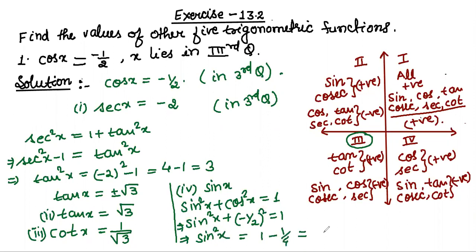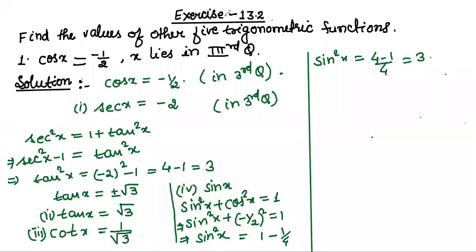So we have 4 minus 1 by 4, which means 3 by 4. Then sin x will be plus minus root 3 by 2. In the third quadrant, we know that sin x is negative. So sin x equals minus root 3 by 2.